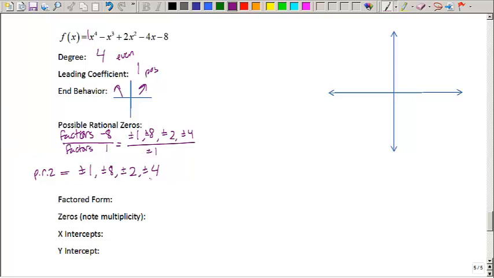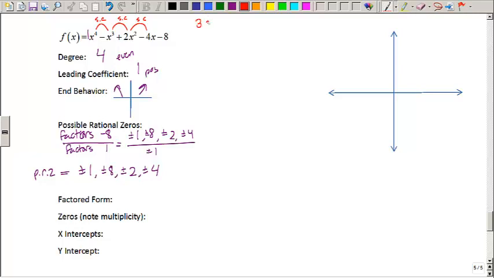Next, I'd like to find the factored form, which means I have to use synthetic division and start guessing. Before I do that, I'm going to take just a minute to do my Descartes' rule of signs. In my f of x, I have one sign change, two sign changes, three sign changes. The last one is not a sign change because it goes from negative to negative.